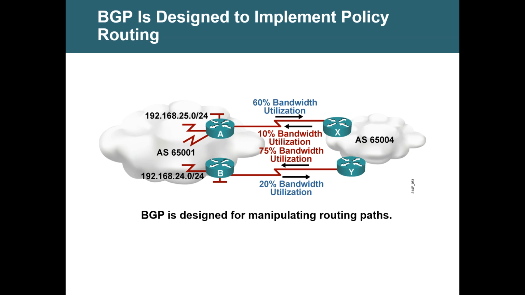From B, you have another policy, a different policy, not the same as A. From B, what do you have? I want to use 75% of the bandwidth of the link for incoming, but for outgoing it is only 20%. You see?